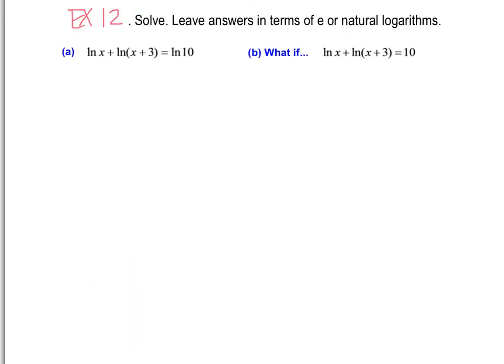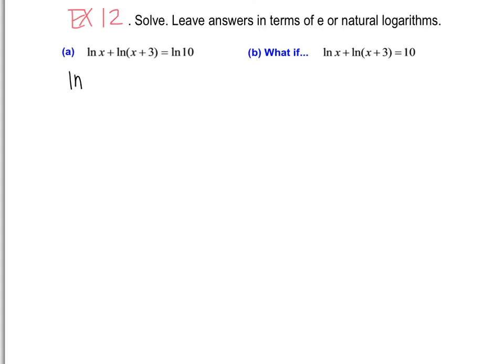Okay, example 12 says to solve, leave our answers in terms of e or natural logarithms. Again, the whole point of natural logs is that they are logs. So the whole process and systems that we learned previously in this chapter are exactly the same. So if you see this one, there's a log everywhere. Natural log, natural log, natural log. So if that's the case, we're going to condense it to a single log on each side.